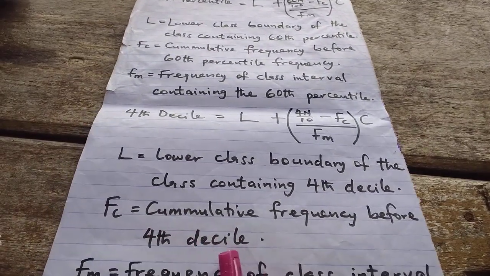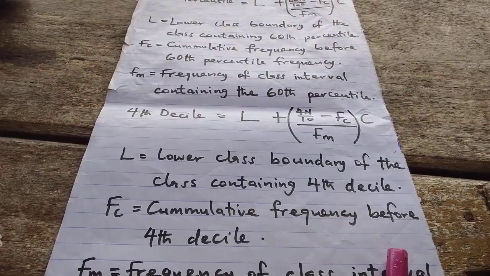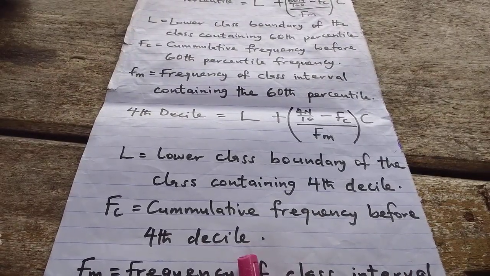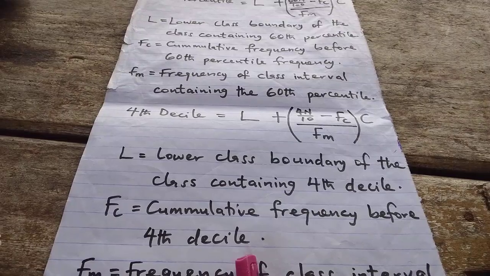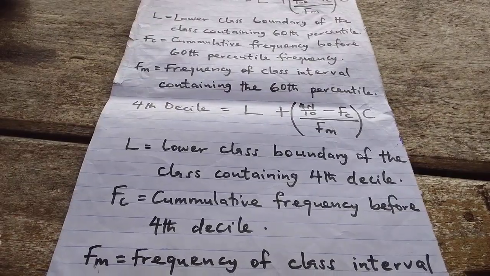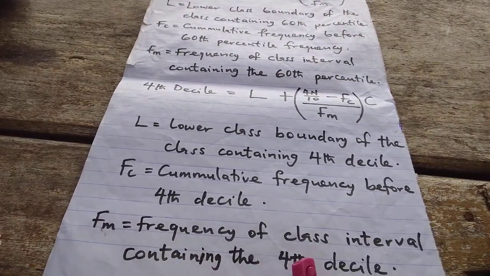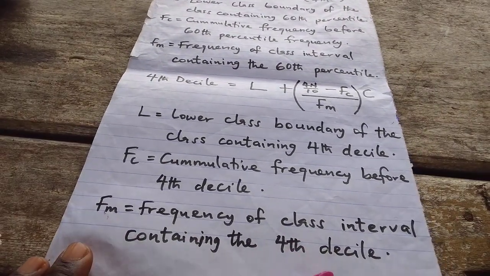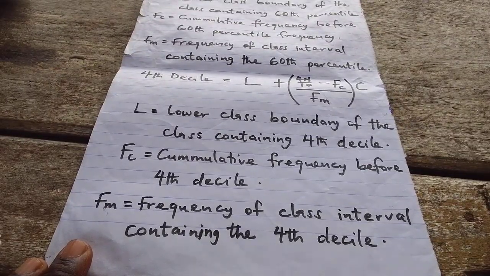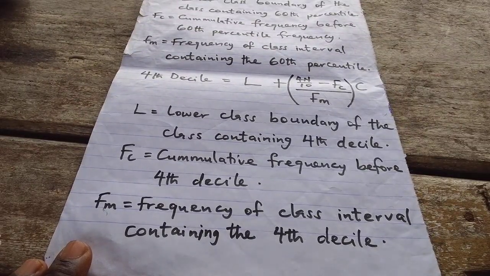FC means the cumulative frequency before the fourth decile class. Then FM is the frequency of the class interval containing the fourth decile.